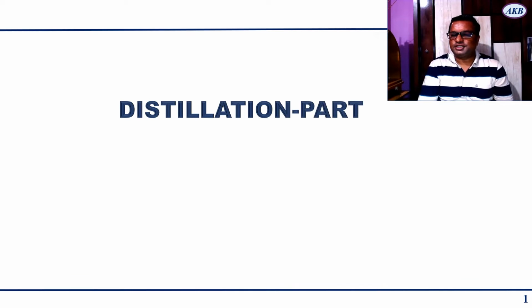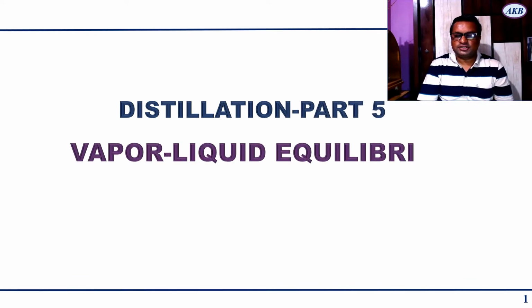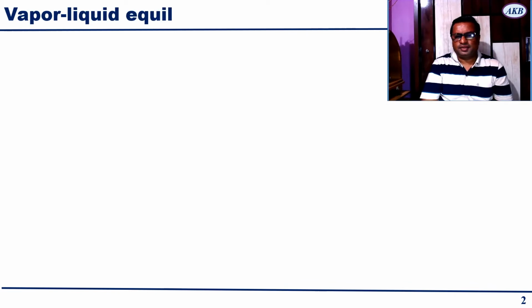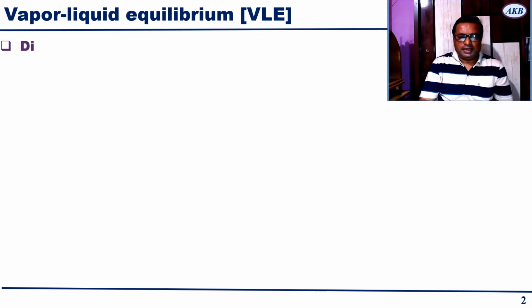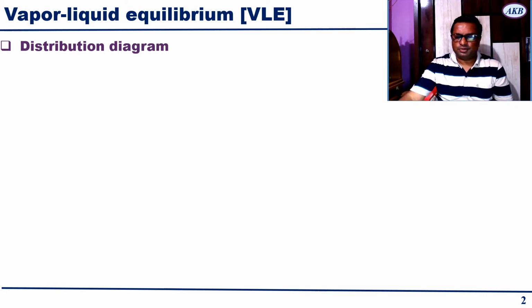So this is distillation part 5, as I said earlier, and in this I'm going to discuss vapor liquid equilibrium, or simply VLE. In this lecture, we will understand the concept of the distribution diagram: what it is, how it is plotted, and what its significance is.